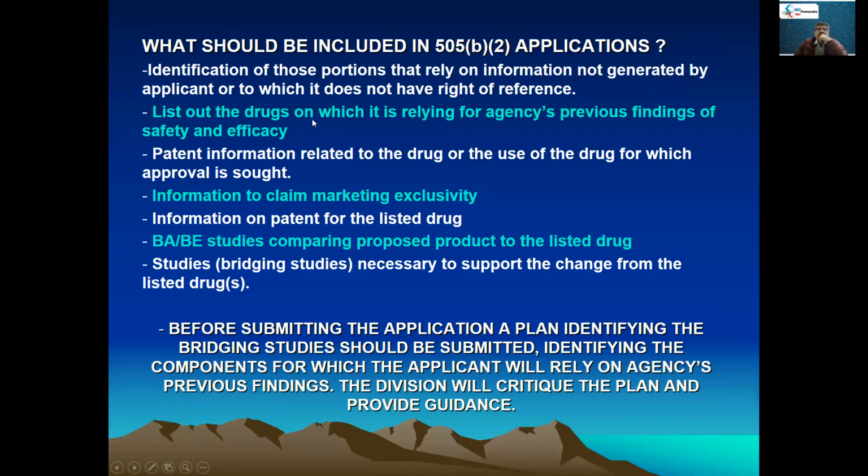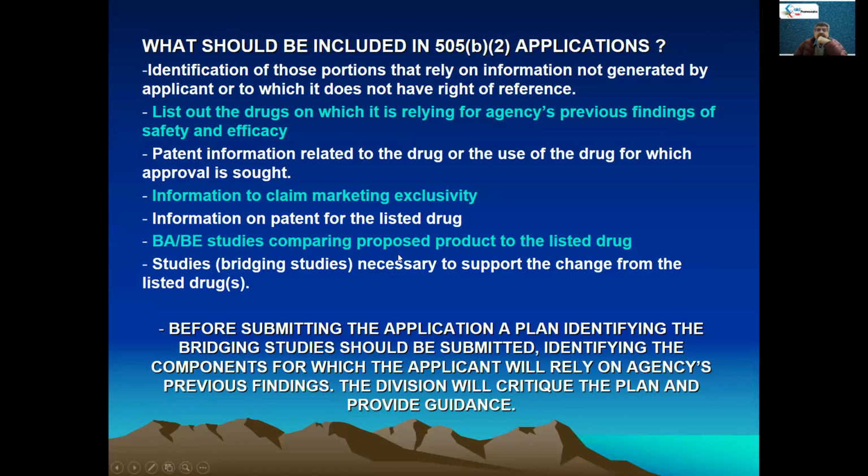You should also list out the drugs on which it is relying for the agency's previous findings of safety and efficacy. Patent information related to the drug or the use of the drug for which approval is sought. Information to claim the marketing exclusivity. Information on patents for the listed drug.